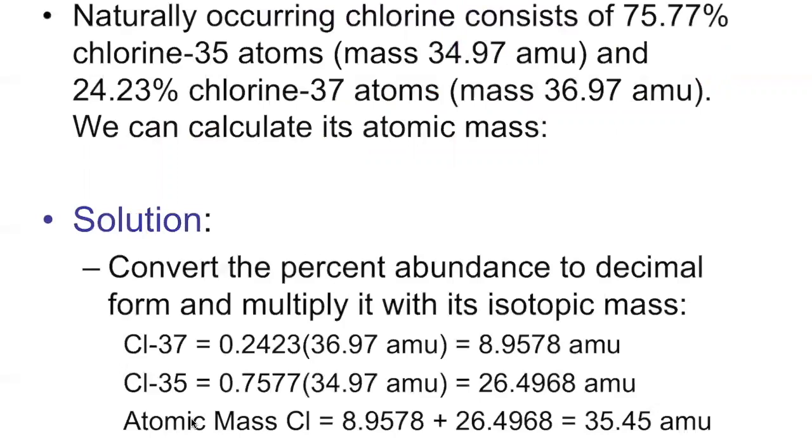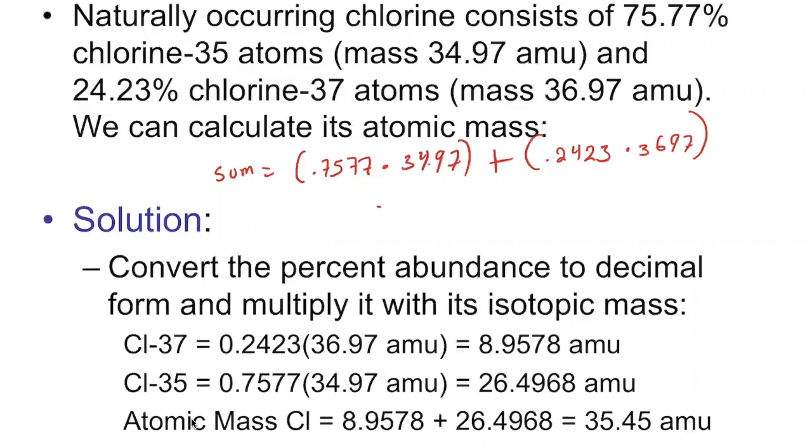So it's 0.7577 times 34.97 plus 0.2423 times 36.97. And the answer should be 35.45 AMU. That's the unit for atomic mass. And if you look at a periodic table, you should see that that's what you're going to see.